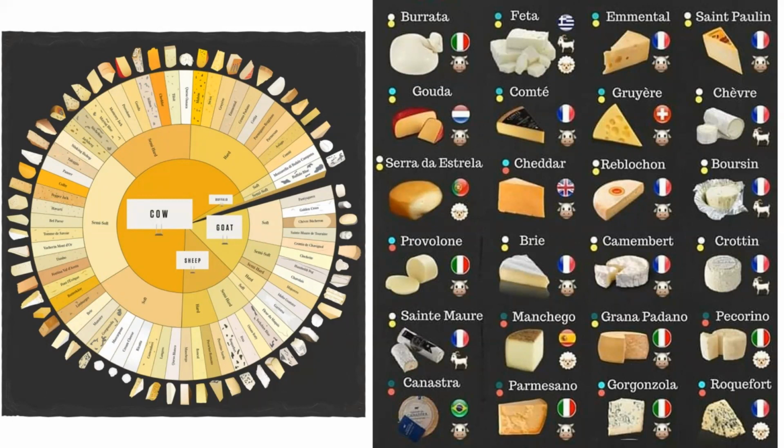Here is another one, a Gorgonzola cheese wheel. I know you probably can't read any of that, but you can see how many cheeses there are, and that's still probably not all of them. But you can see that most of our cheese comes from cow, then goat and sheep. Wait, cheddar cheese is British?